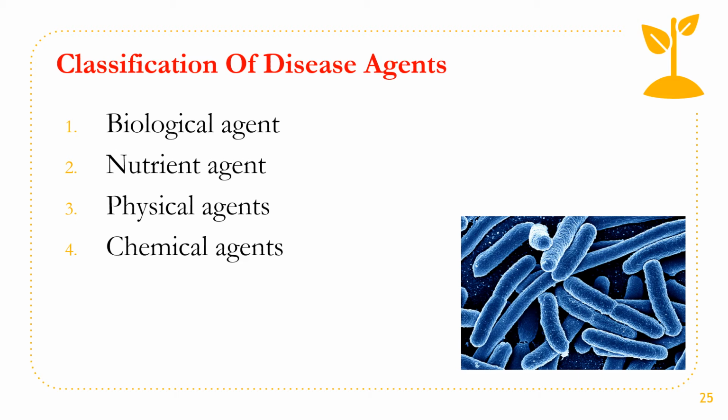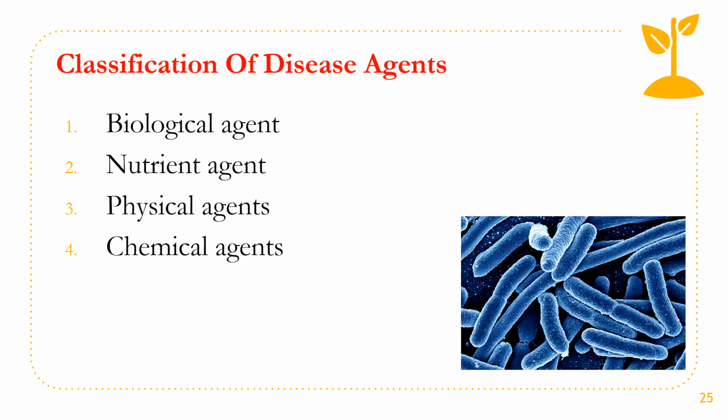Classification of disease agents: biological agent, nutritive agent, physical agent, chemical agent. For example, biological agent means bacteria. Nutrient agent means many people are suffering from diet insufficiency or malnutrition. So nutrient is an agent for a disease.